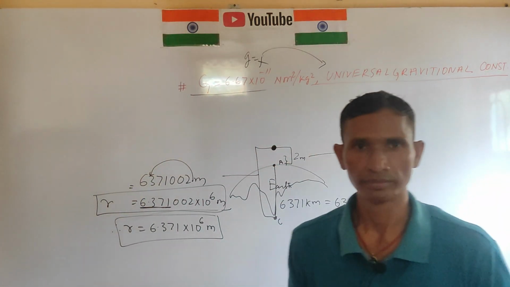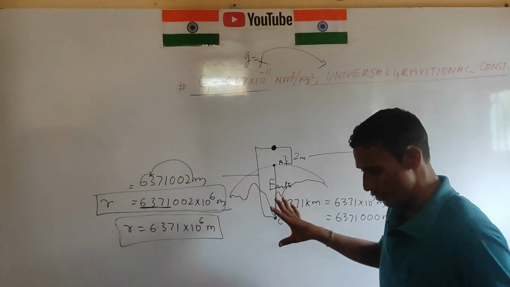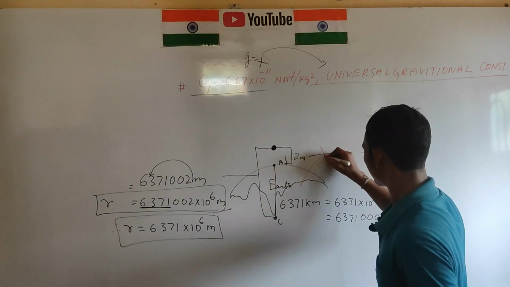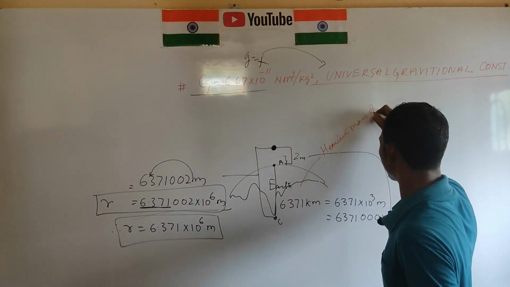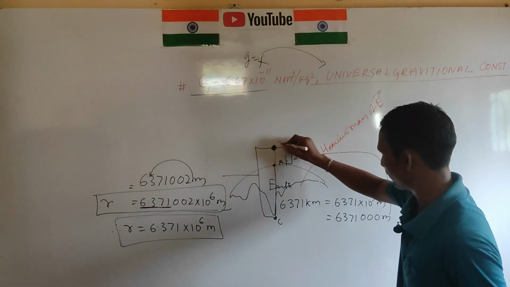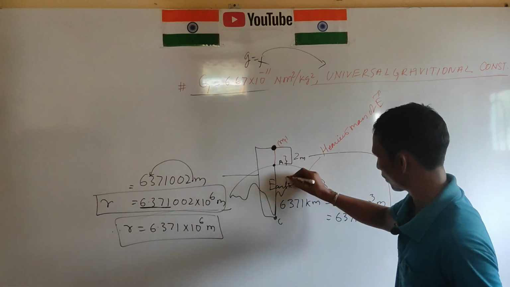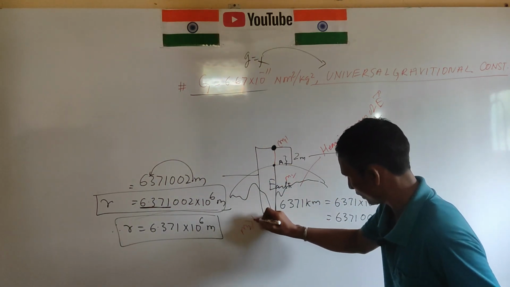Now the mass of the body. We know the mass of the Earth, because this is the heavier mass. Heavier mass of Earth with respect to the body, M1, this is called M2. Here the condition is M2 is greater than M1.